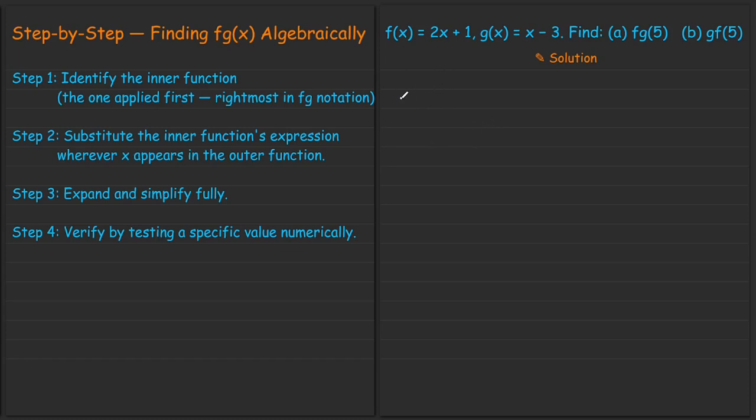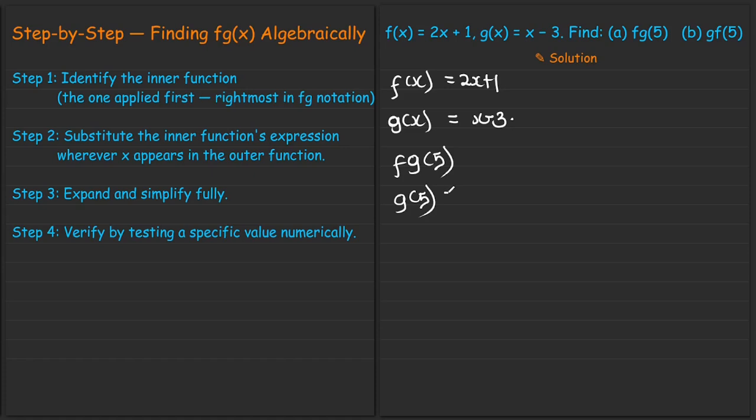First of all, we know our f of x is equal to 2x plus 1, and we also know our g of x is equal to x minus 3. So for f of g of 5, we first need g of 5.